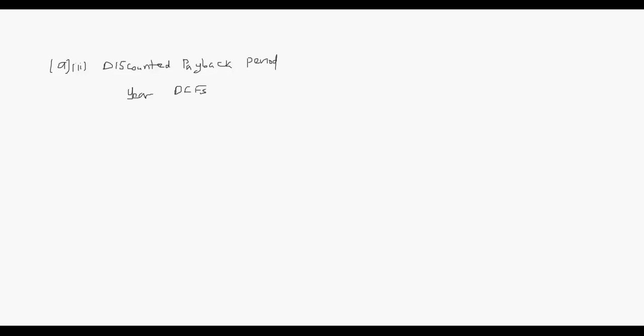Then in the next column, we are going to have accumulated cash flows or discounted cash flows.